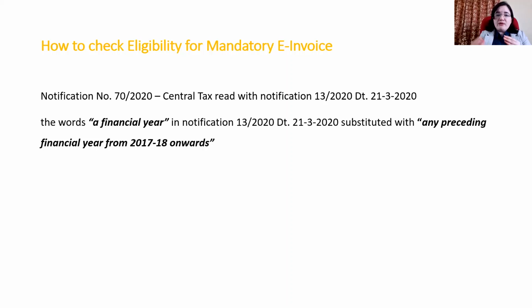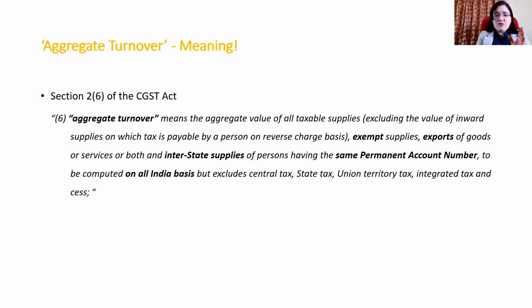So whether my exempt turnover is going to be included for computation of 100 crore, and whether I have to compute for all my businesses. For this question, you have to refer to the definition of aggregate turnover. The term used is aggregate turnover, and aggregate turnover is defined under section 2(6).